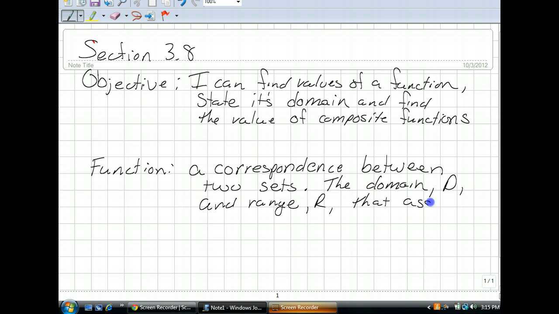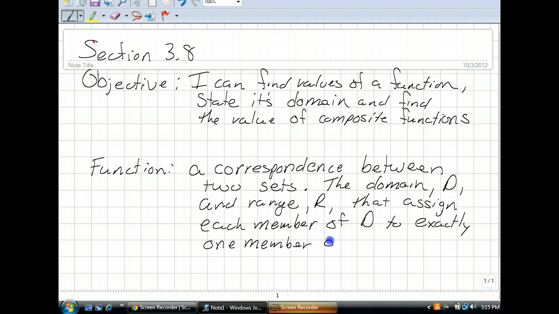that assign each member of the domain to exactly one member of the range.